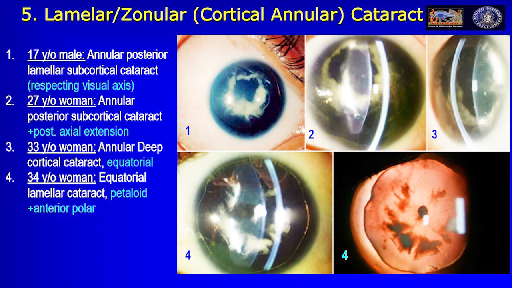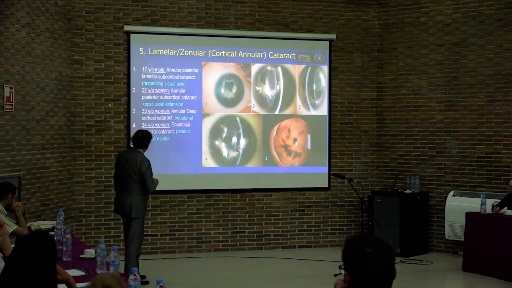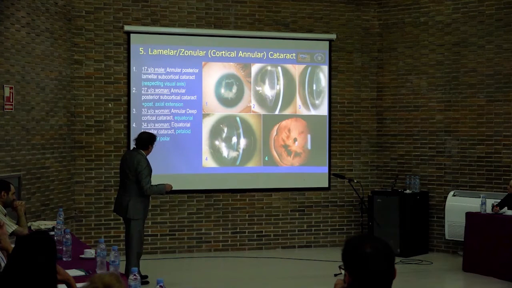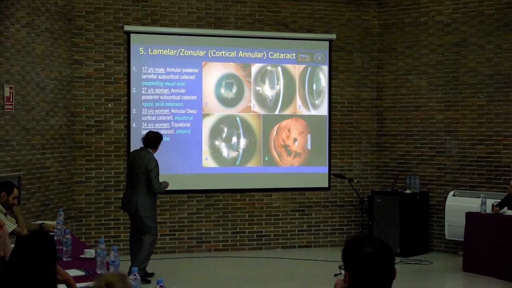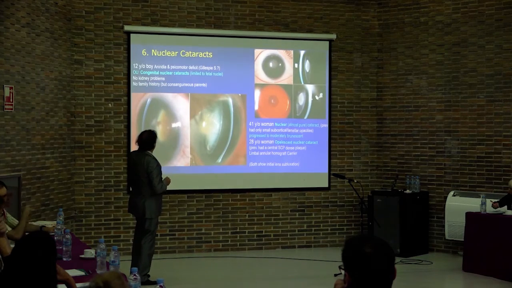This is a little bit more extended here in the posterior part, and here is essentially equatorial with this deep part of the lens. Finally, this 4th case, there's this combination of this anterior polar and this equatorial lamellar cataract, again denser in the lower hemisphere of the lens.